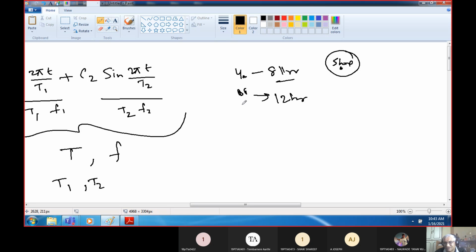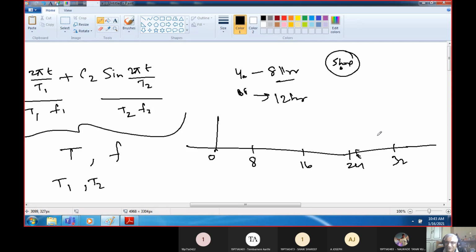Starting from time 0, supposing time 0 is there, you are going every 8 hours. You will go after 8 hours, then again at 16, then 16 plus 8, 24, then again 32. Like this you will be going.